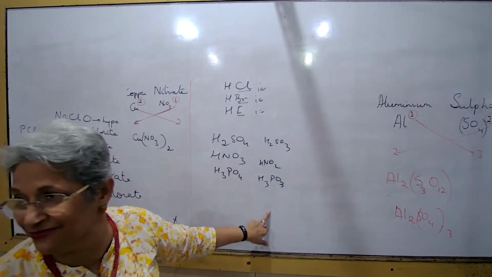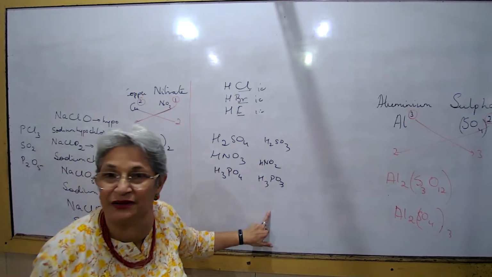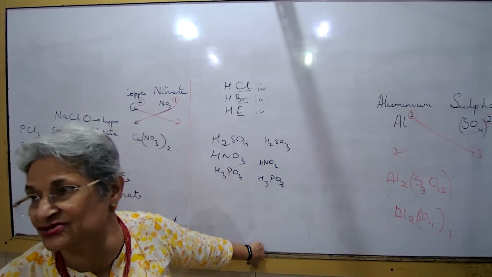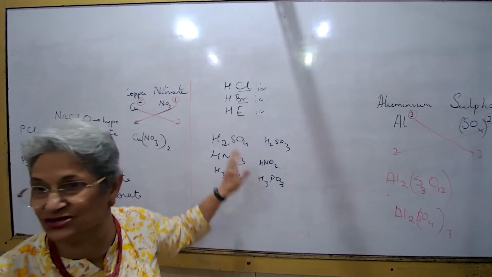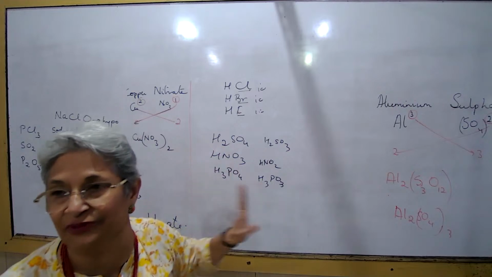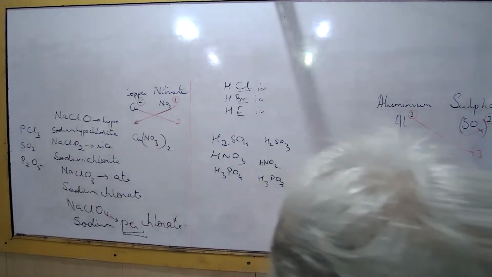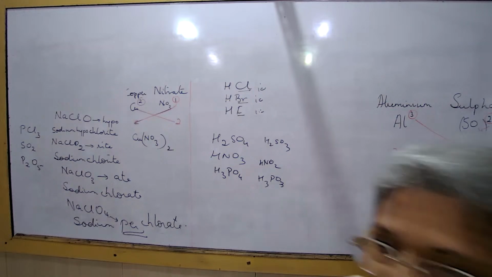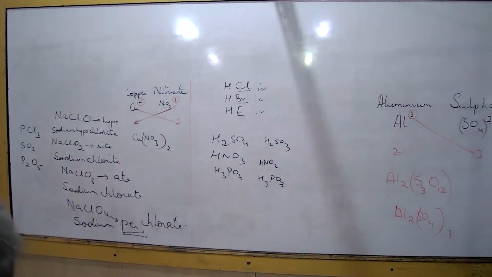When it is less than 4, ous: sulfurous, nitrous, phosphorous. But if it is 4, ic: sulfuric acid, nitric acid, phosphoric acid. Okay, read till there. Then we start with how to balance an equation. All of you read till there, please.